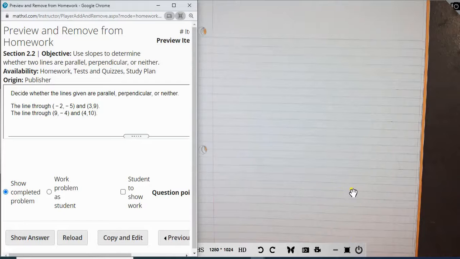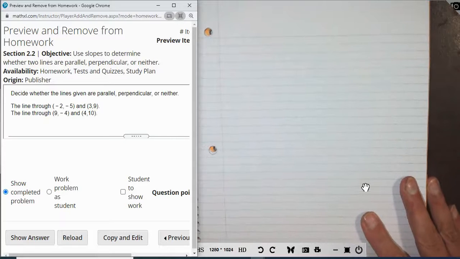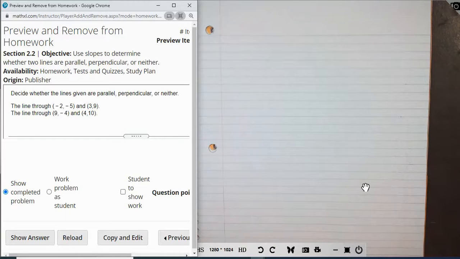All right, let's go back to our screen here and work this one. It says decide whether the lines given are parallel, perpendicular, or neither. By the way, a lot of times students try to graph these things, and that is one way to try to do it. But when you're doing a rough draft of a graph, sometimes lines look parallel or perpendicular when they're actually not.